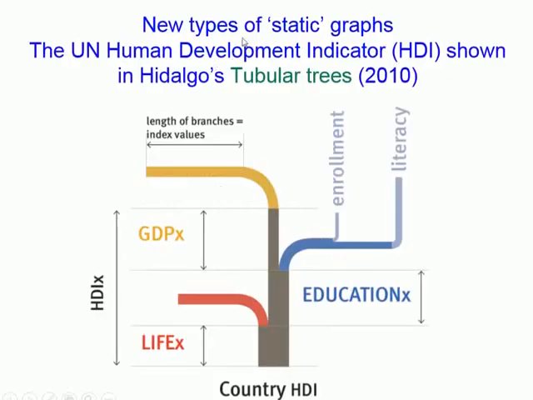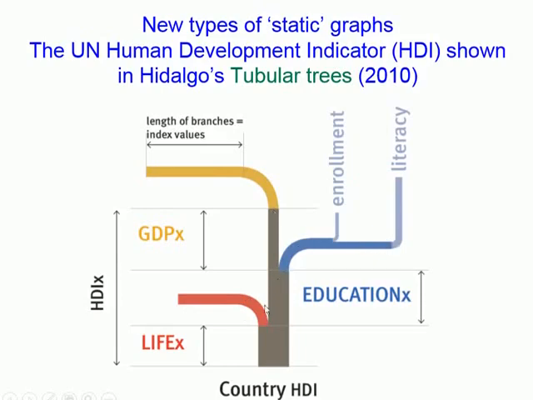We're also seeing new types of static graphs, such as Hidalgo's tubular tree representation of the United Nations Human Development Indicator. Here, each branch of this graph represents the value of that index: the economy in the form of gross domestic product, GDP, life expectancy, and education outcomes.